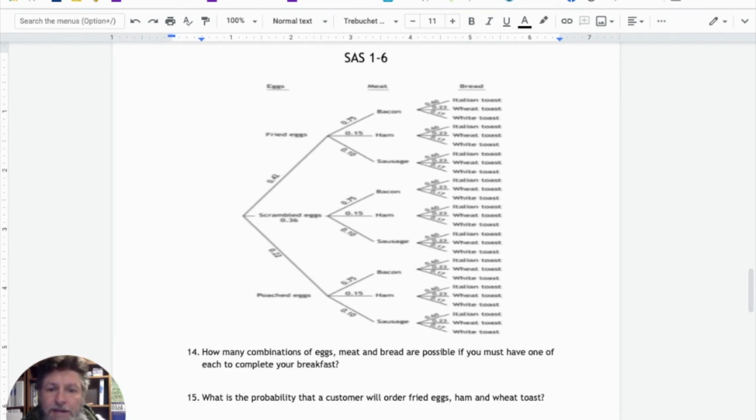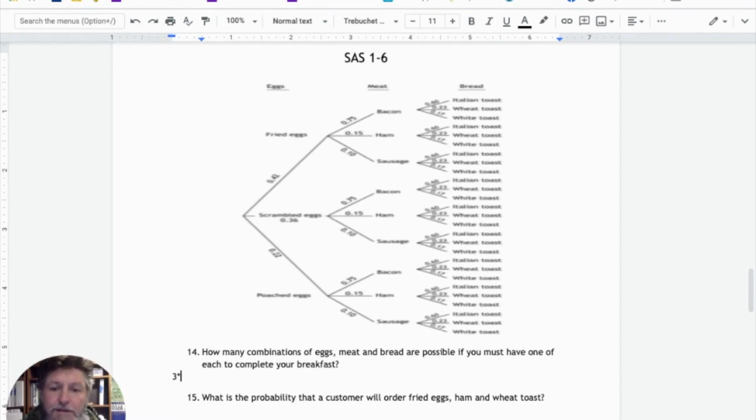Well, there's 3 in each level, so it's 3 times 3 times 3, okay? Fundamental counting principle is if you have 3 events, you multiply the number of options in each event through the whole tree, and you find out exactly what it is.